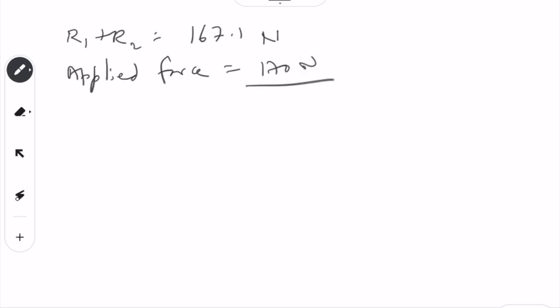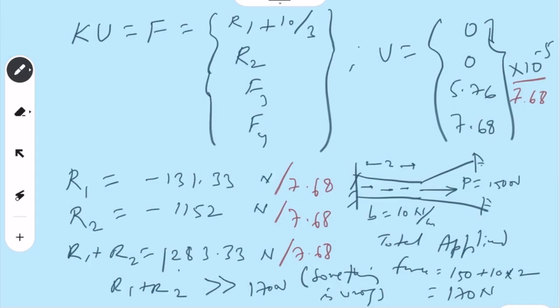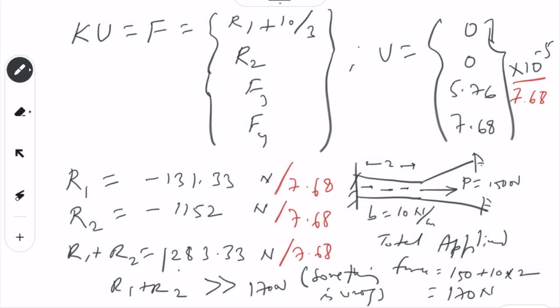So from here, we can also find out R1. The new value will be 131.33 divided by 7.68, and we get 17.1 simply.